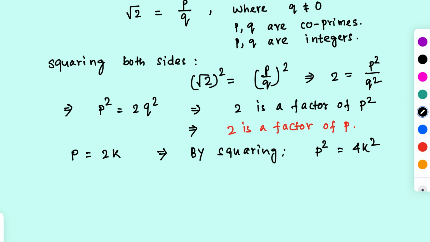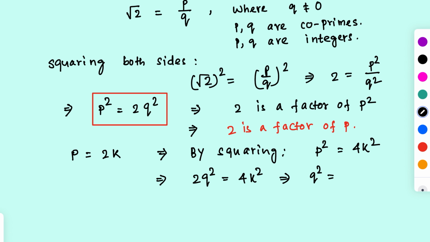Now, already we got here p square is equal to 2q square. Now, if we put the values, we will get 2q square is equal to 4k square, or q square, if we divide both the sides, will be equal to 2k square.